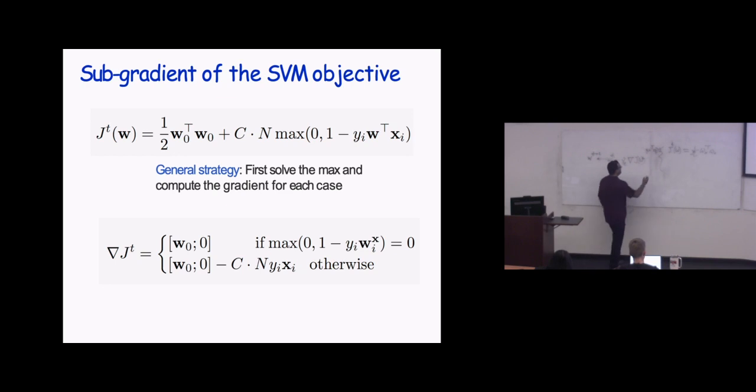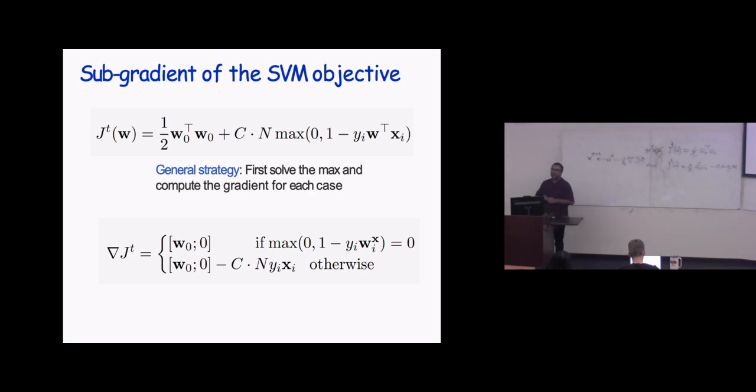In the second case, else, right? Well, if it is equal to 1, that is also 0, right? Else, Jt of W is essentially half Wt minus C n yi xi, right?